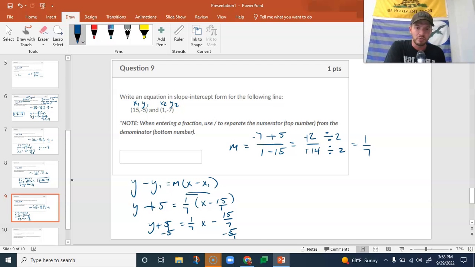So this is 5 over 1, which means I need this to be multiplied by 7 over 7. So I'm going to be subtracting then negative 35 over 7. So my final answer then will be y equals 1 over 7x, and then negative 15 minus 35 is negative 50 over 7. And that should work out just fine.